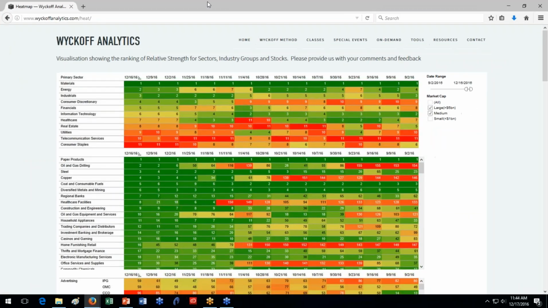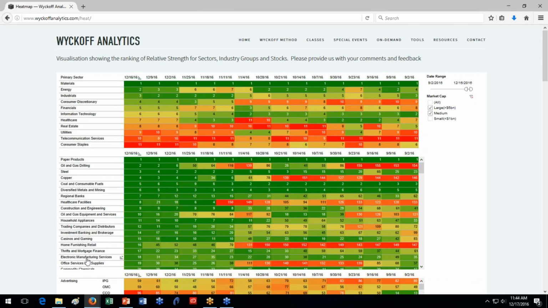And actually, Wyckoff Analytics provides you with this tool. It's being updated on a weekly basis. And one of the neat things about this particular tool is that we could look at the historical representation of the relative strength for the whole market. And that was the purpose for us to create the tool for our students, to practice that technique.